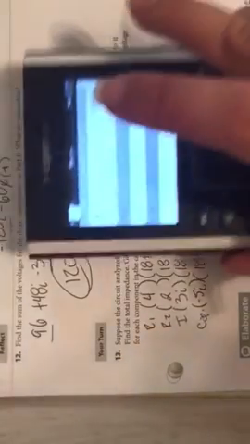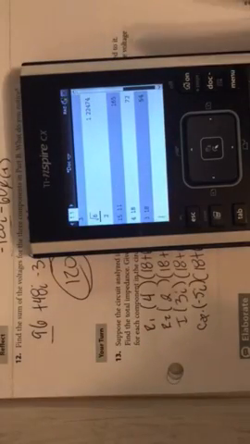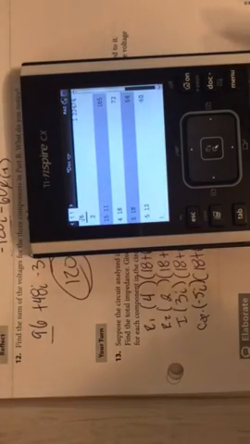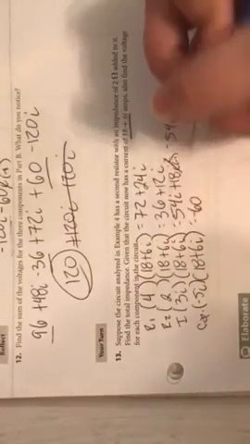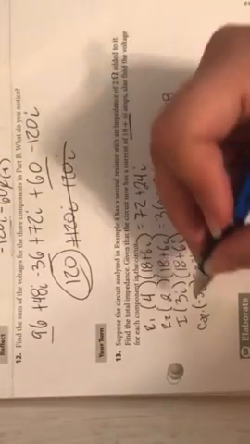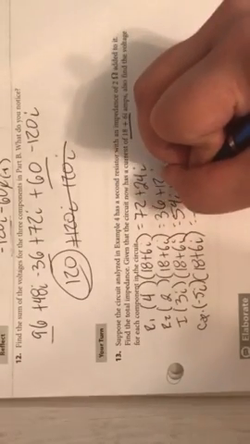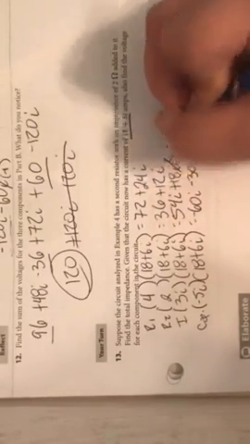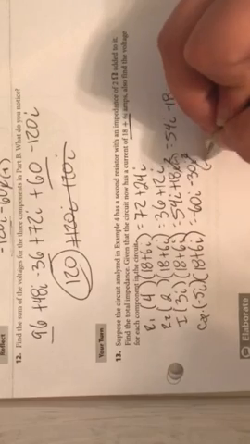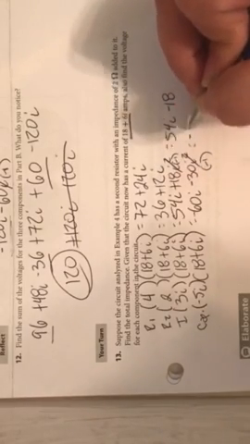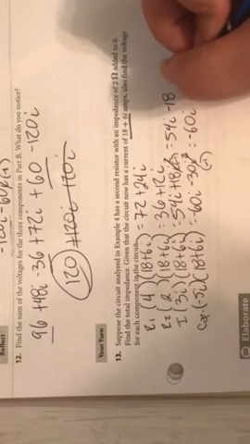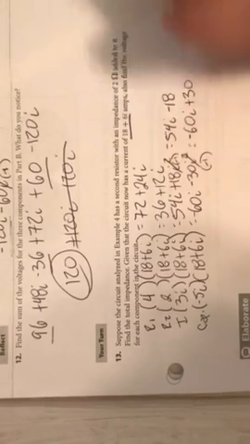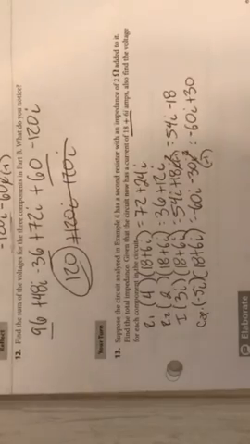Negative 5 times 18 is negative 60i. Negative 5 times positive 6 is a negative 30i squared. Again, i squared becomes a negative 1, so this is like saying negative 60i plus 30. And let's just see how it works.